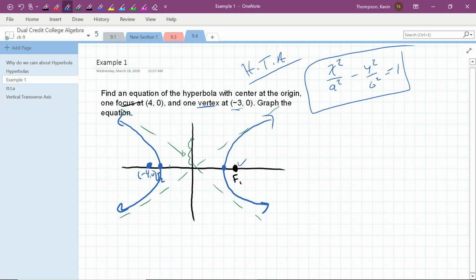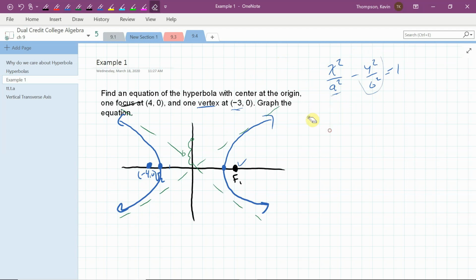If it's vertical, I should have clarified this at the moment, that I had said it's whichever one's positive, but what I didn't clarify is that a is always going to be with the piece that's positive. So this is not like the ellipse where you have to choose which one's bigger. It's always going to be the positive piece. I should have made that more clear.